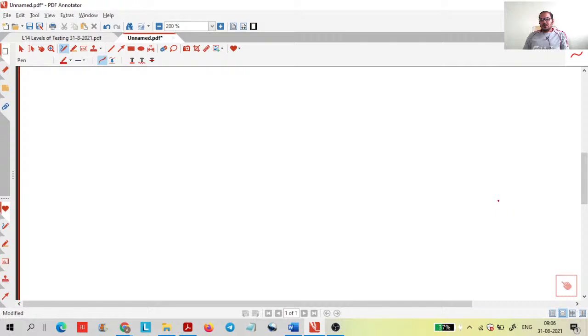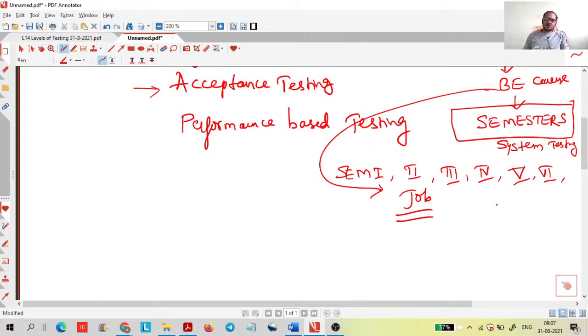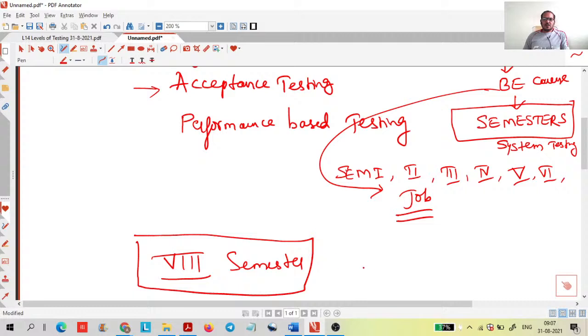I am giving some general examples. It is one level of testing: system testing.